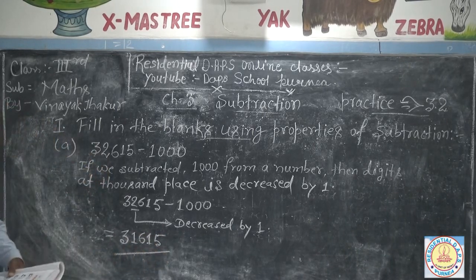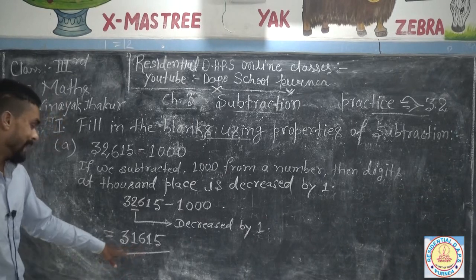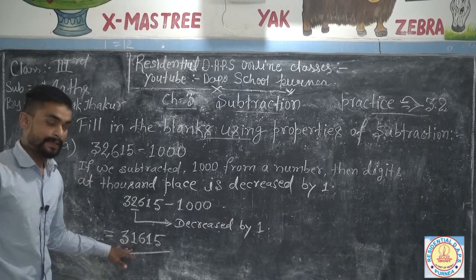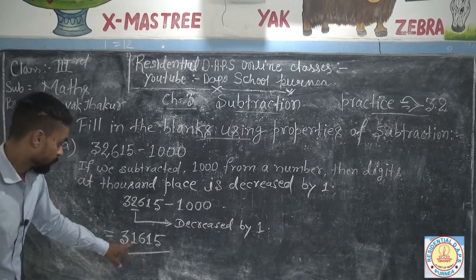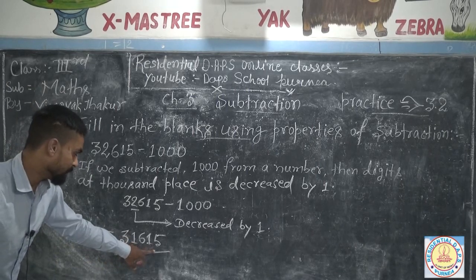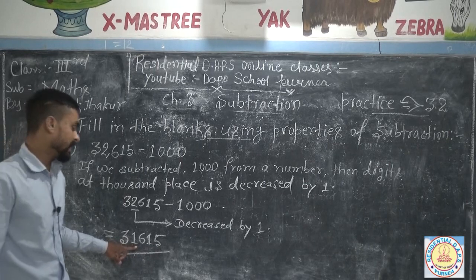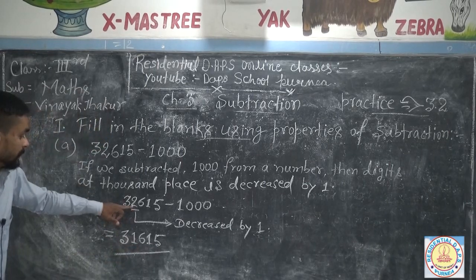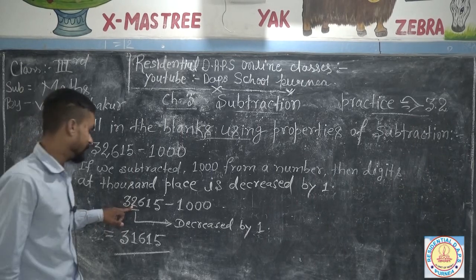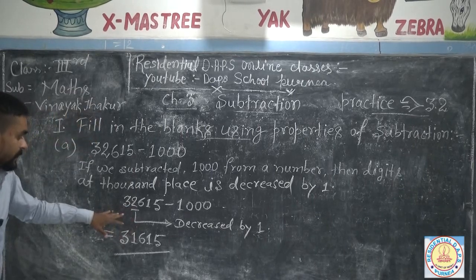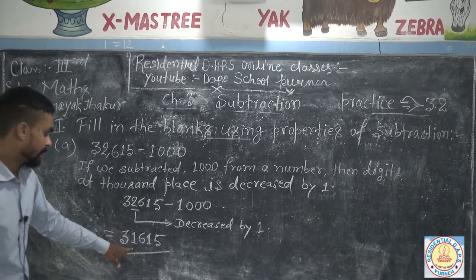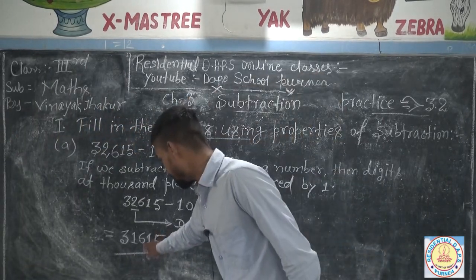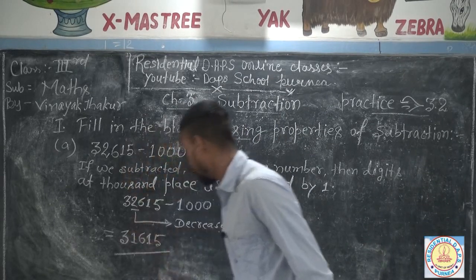So here you look at the number which comes, 31,615. Here the thousands place is decreased by 1. So in the thousands place, where 2 was put, it is now decreased by 1 and remains 1.